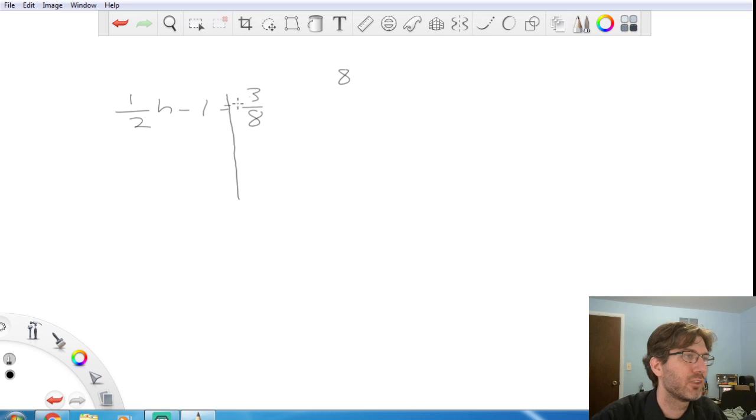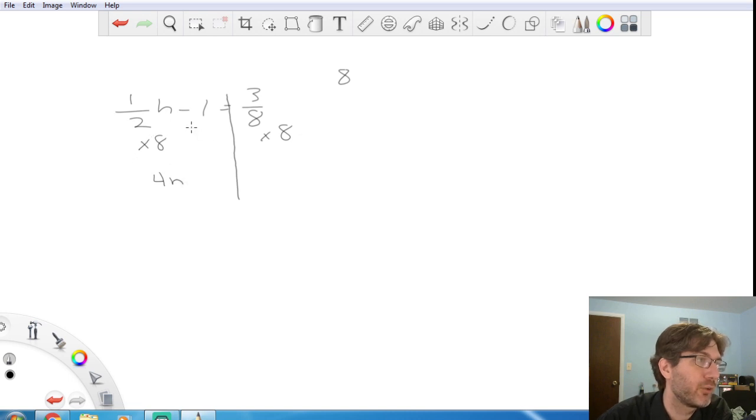But let's look at what that does. If I multiply this side by 8, I have to multiply this side by 8 as well. I'm allowed to do that as long as I do it to both sides, it's not going to make this equal sign false. So 1/2 times 8 is going to give me 4.